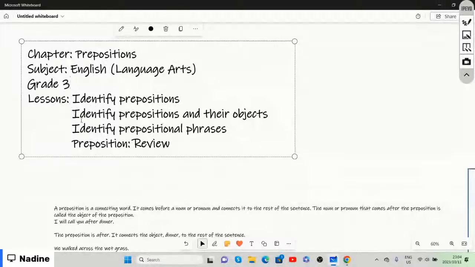And the lessons that we are going to be focusing on under the chapter of prepositions is to identify prepositions. We're going to identify prepositions and their objects. We're going to identify prepositional phrases. And then we're just going to do a review on prepositions as we end off our lesson.